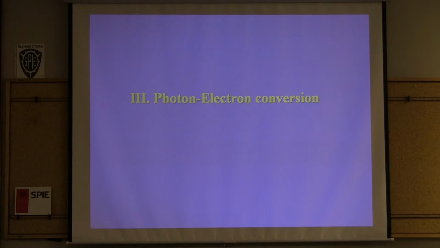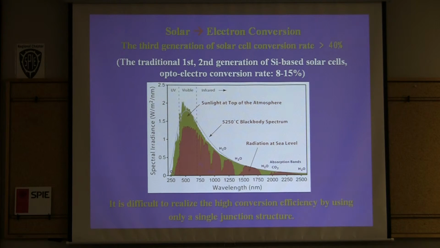The third part is the photon to electron conversion, which is also very important. We look at solar photon to electron conversion. Actually, the solar spectrum is very wide. In the traditional first and second generation silicon-based solar cells, from amorphous to polycrystalline, the conversion efficiency is not very high, only 8 to 15%.